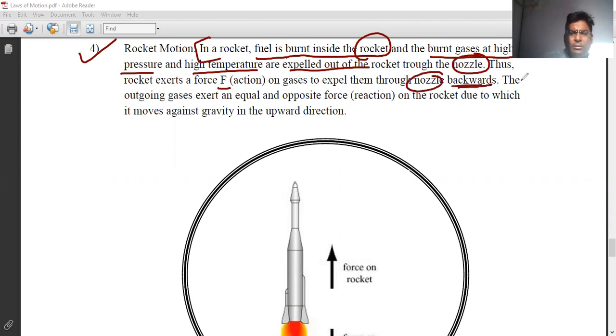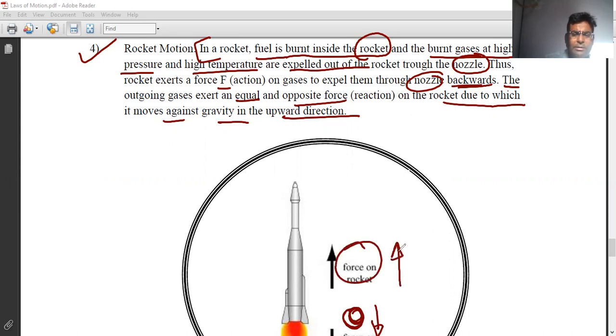The outgoing gas exerts an equal and opposite force on the rocket due to which it moves against gravity in the upward direction. So the force acts in the downward direction on the gas and the rocket moves in the upward direction.